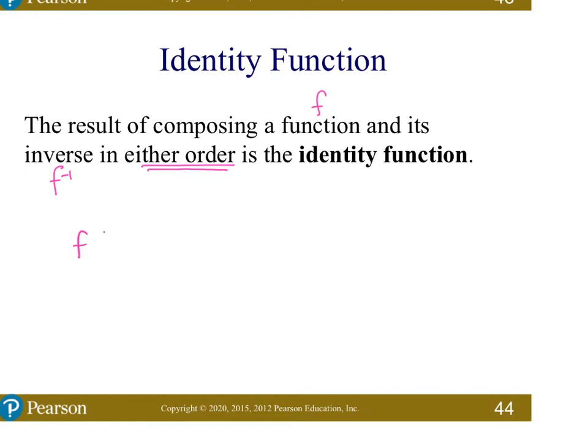So if you compose f with f inverse, or you compose f inverse with f, if the result is identical, if you get the same number or the same variable both times, then it is called the identity function, meaning that it is identical. Okay, if you get the same value or just the variable x both times, then it is the identity function.